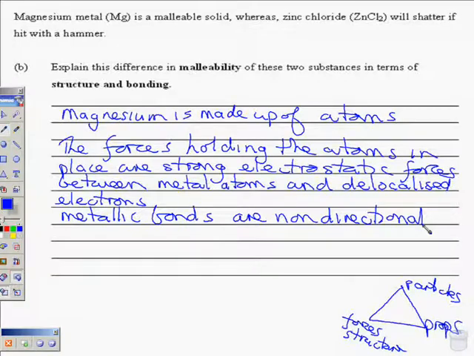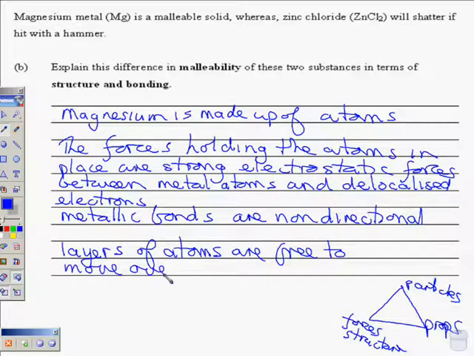You don't tie yourself up in trying to explain things in chemistry. There's only so far you can go to explain what's happening, and then ultimately that's just what does happen. So the easiest way to explain this is to say that the layers of atoms are free to move over each other.